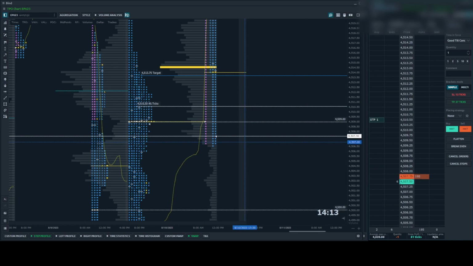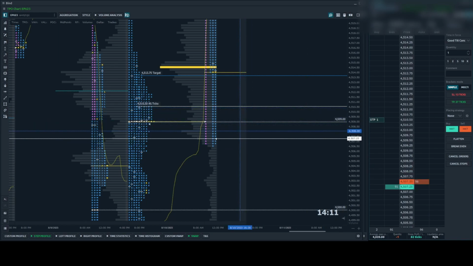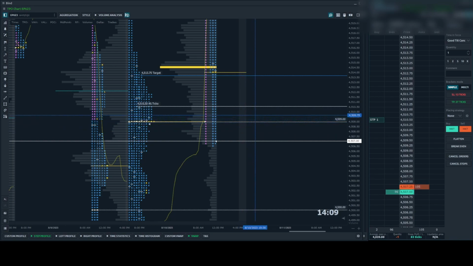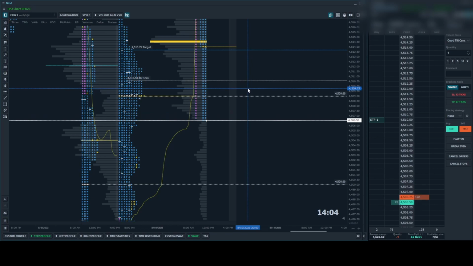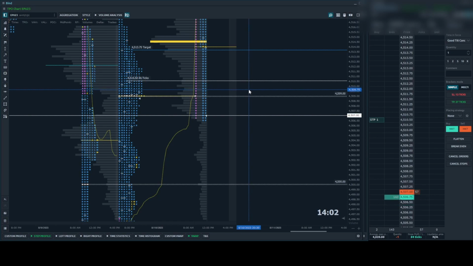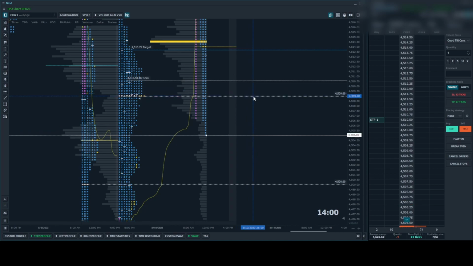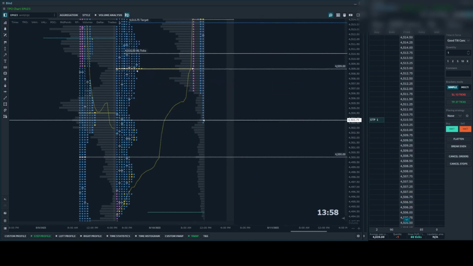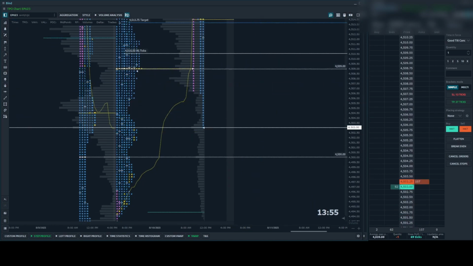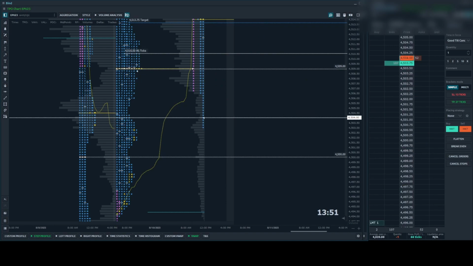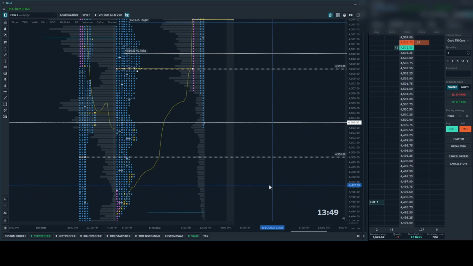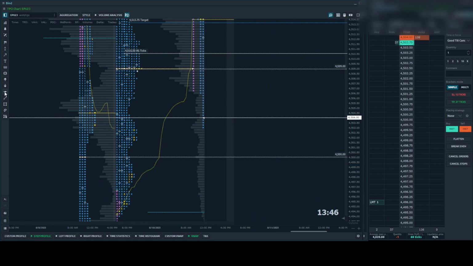I'm either going to break this or I'll be out at 40 ticks. Even at D. There's the break. So where's our target down here? Probably going to have some buying at the 500 level. Our target's down here at 96. Right there.